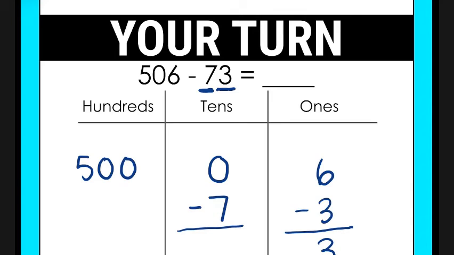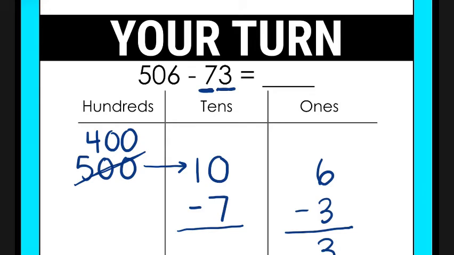I can't. More on the floor, go next door. So now we're going to go next door to our hundreds. I'm going to borrow one of these hundreds. So instead of having 5 hundreds, I'm only going to have 4 hundreds left. And I'm going to move one of my hundreds into my tens.